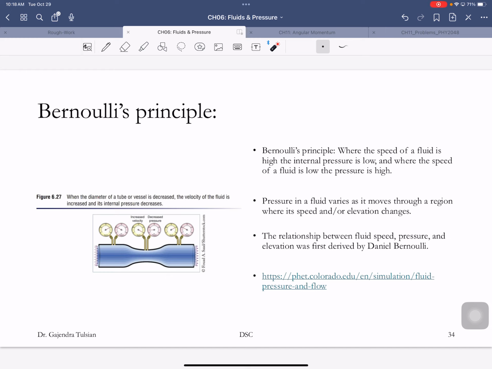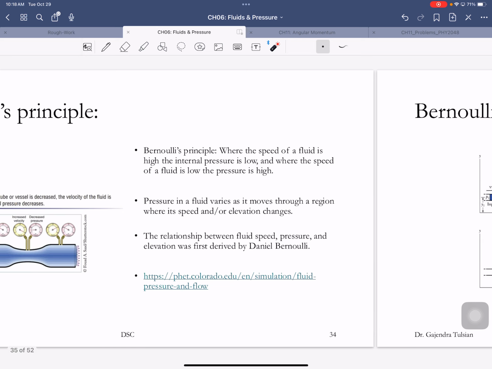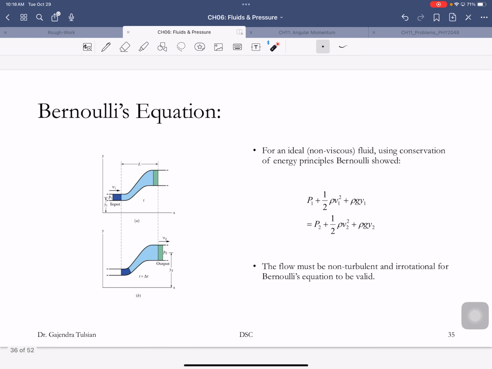All right, so we'll see applications of that. Pressure in a fluid varies as it moves through a region where its speed and/or elevation changes. The relationship between fluid speed, pressure, and elevation was first derived by Mr. Bernoulli. Here is the formula. You have a fluid moving.